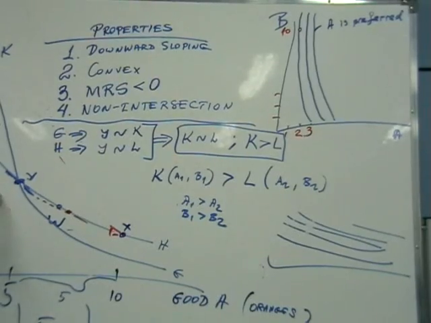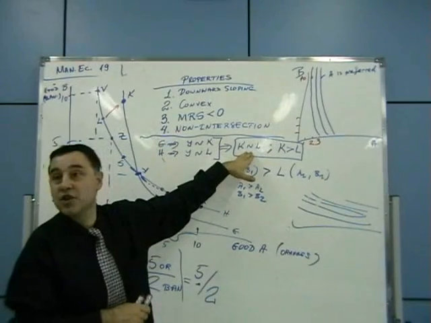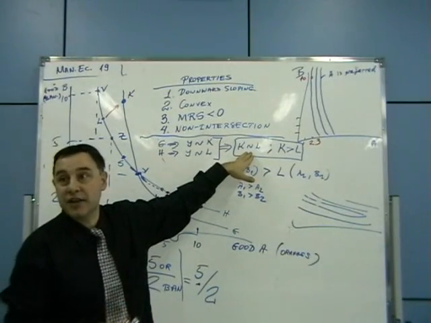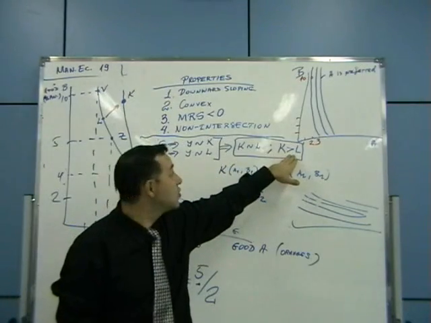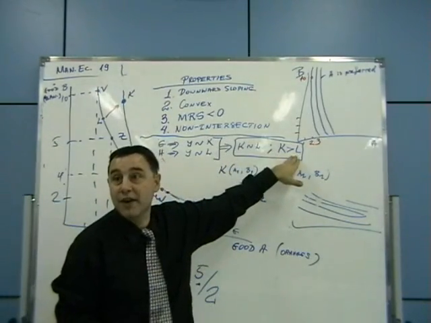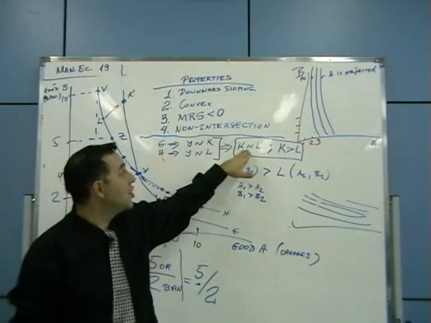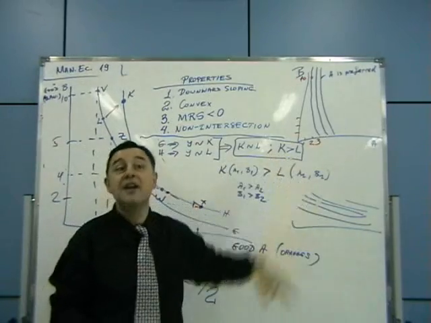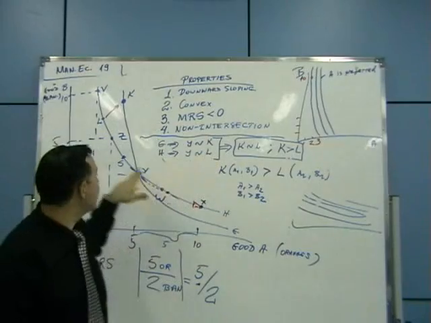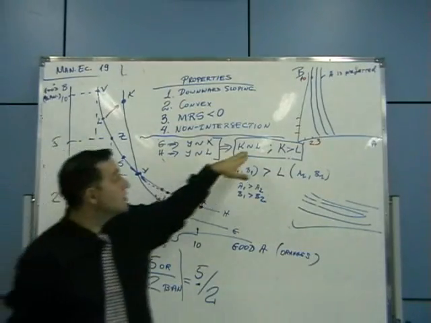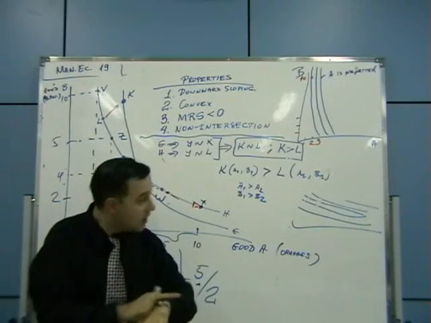If the two curves intersect, then it follows that the two bundles are indifferent. But it also follows by different logic that K is preferred over L. It cannot be at the same time that they are indifferent and one is preferred. We call this contradiction. So it cannot be that these two intersect because you always get a contradiction. Is that very clear? It's just a demonstration of a proof.